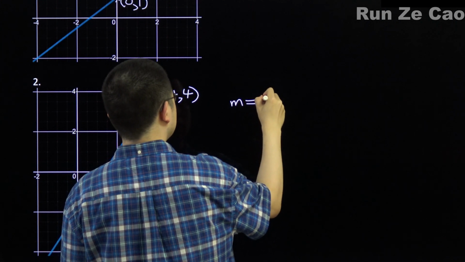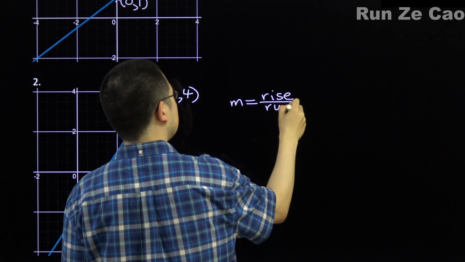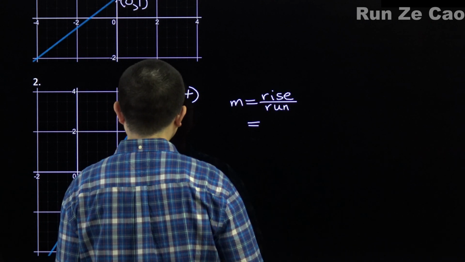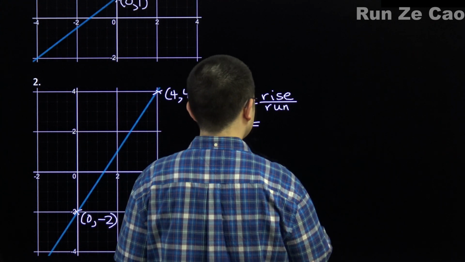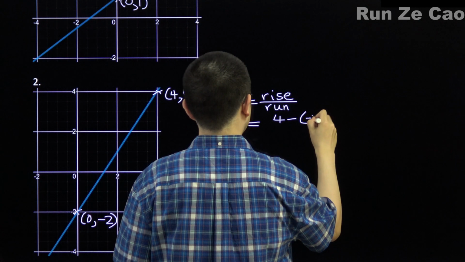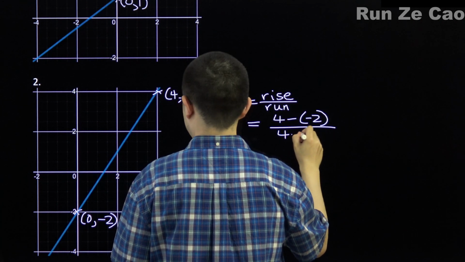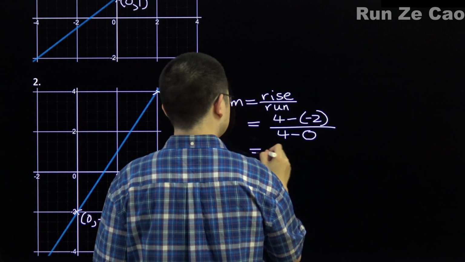M equals rise over run, and the rise is 4 minus -2 over the run, which is 4 minus 0.